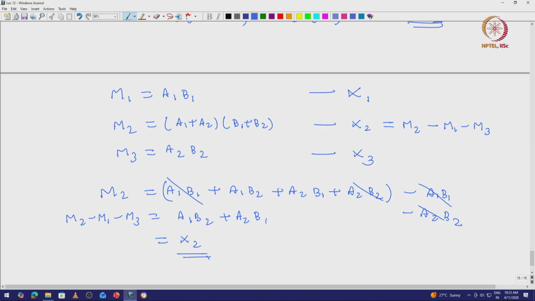Some additional bit operations are done, namely you have to do this many additional bit operations. From one n bit number you have to subtract another n bit number and again another n bit number, all of them can be done in order n time, but then you are doing only 3 multiplications.